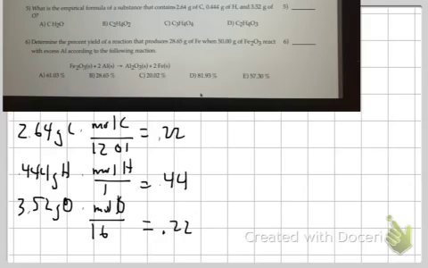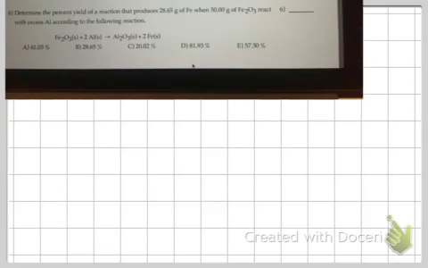Oh, so you divide all by 0.22, and you get CH2O, because you divide all of these by 0.22. Okay.